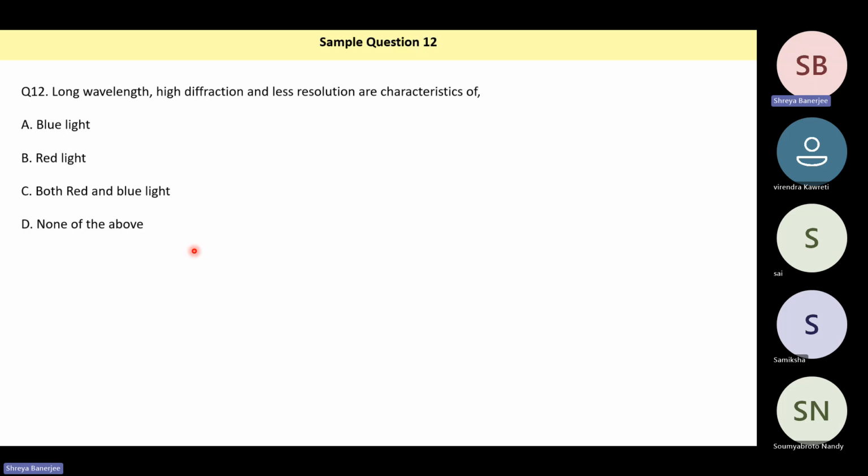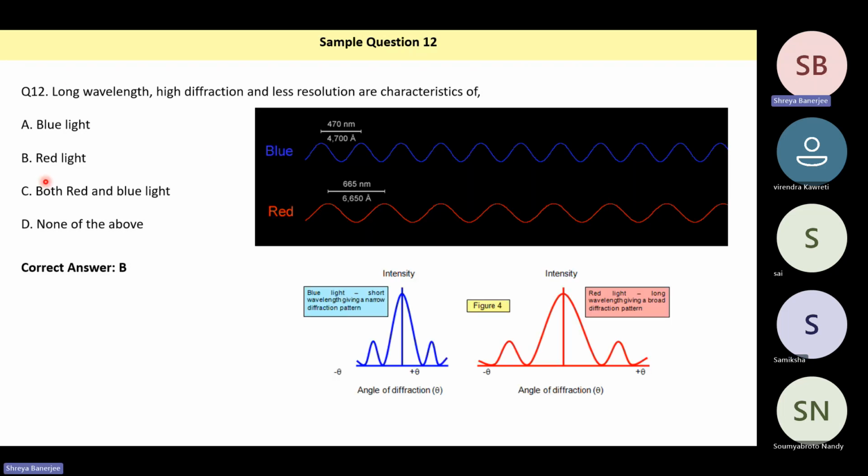So long wavelength, high diffraction and less resolution are characteristics of what? Both red and blue light. So actually, here it is asking in a comparative way, right? So compared to blue light, red light has a longer wavelength, and we know the longer the wavelength, the less the resolution.